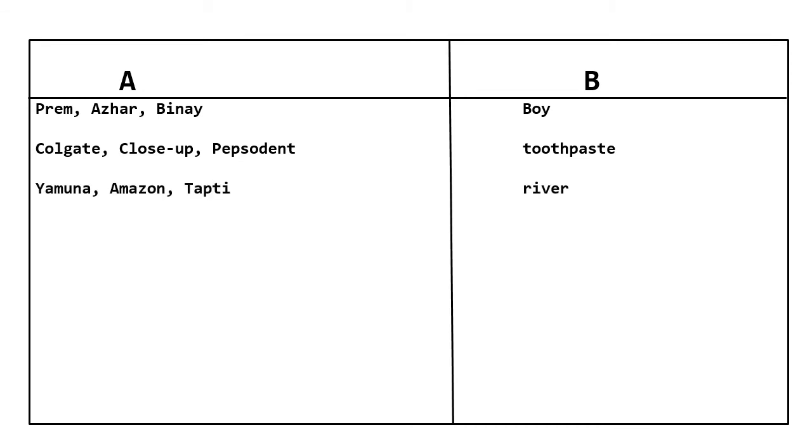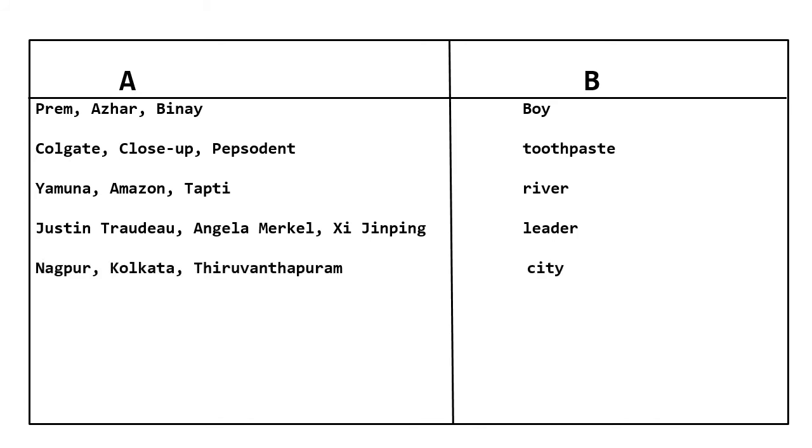Yamuna, Amazon, Tapti, river. Justin Trudeau, Angela Merkel, Xi Jinping, leader. Nagpur, Kolkata, Thiruvananthapuram are the cities. And NDTV, CNN, National Geographic, channel. Names of the channel.